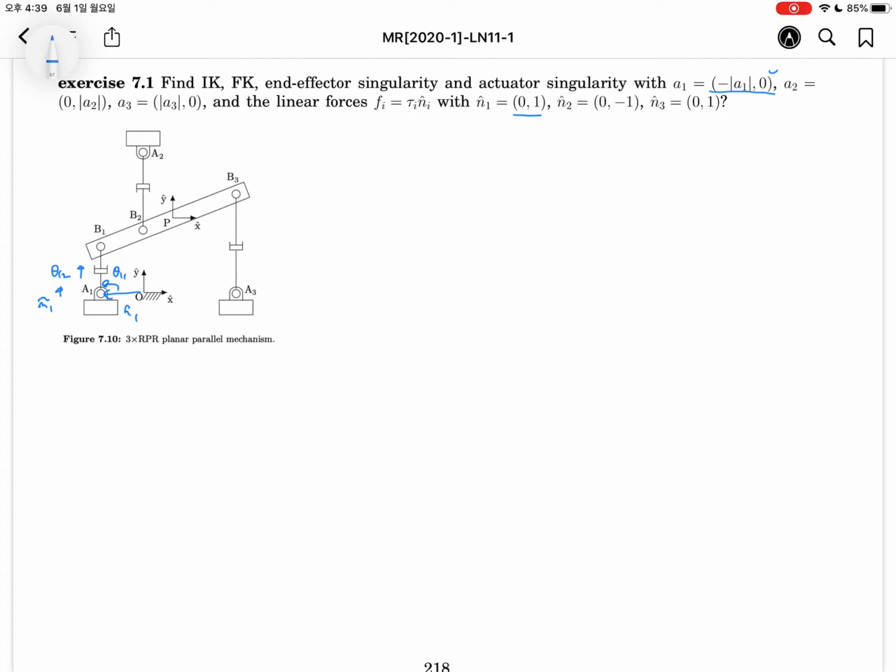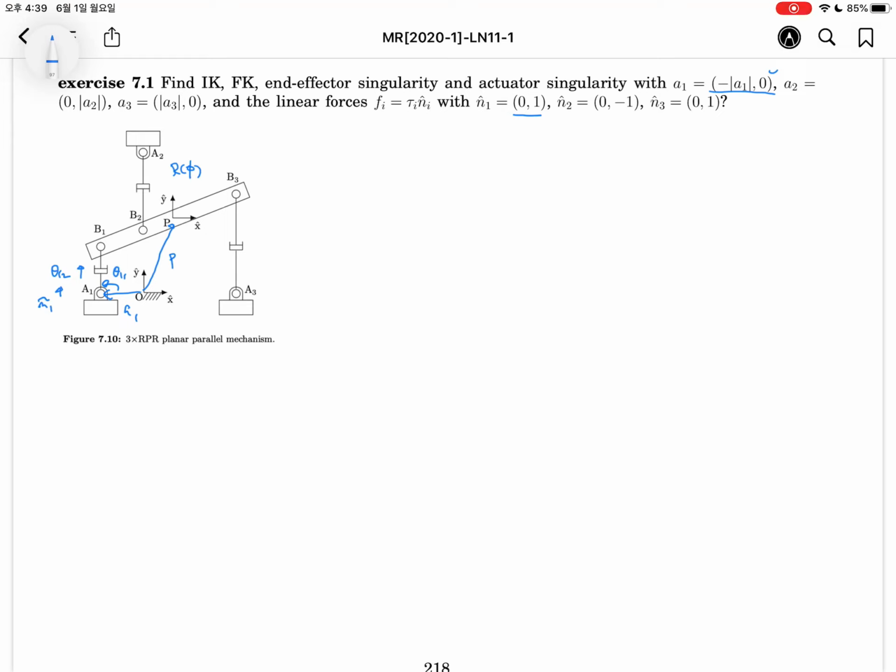And we will add a translational position vector denoted by p, for the given body frame. And then the rotation matrix is given.